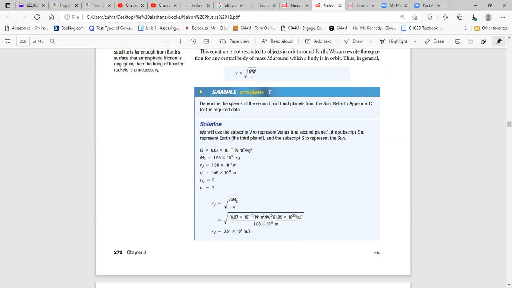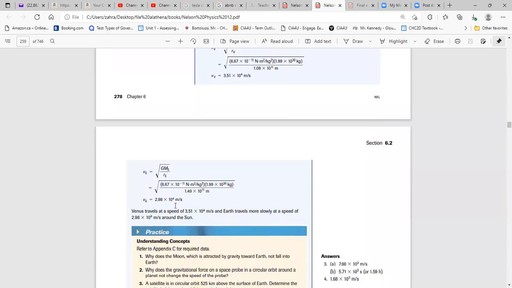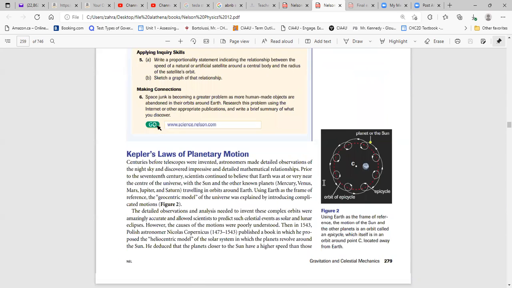You just want to find the velocity v of that. Here, we know the equation. We just put in the numbers and we get the velocity. We do it for another planet, and we can find the different velocities. So you can try numbers 3 and 4.